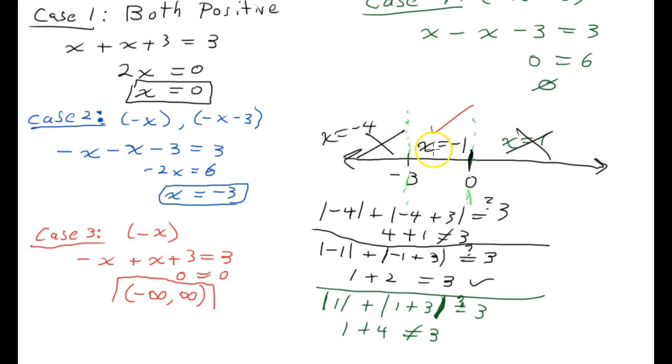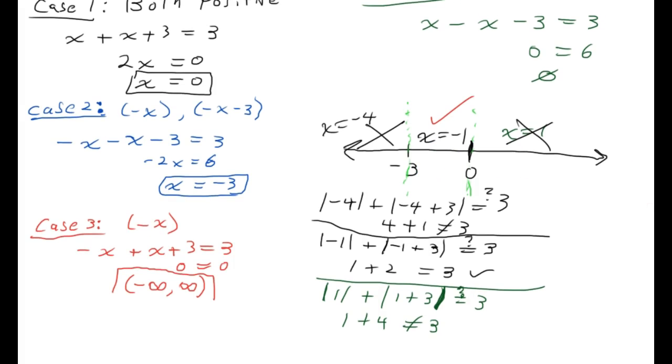So what we have is just this interval for our solution. I'll give myself just a little more space to write the solution. Our solution then is we're going to be including negative 3. It was equal to negative 3. Including negative 3 and 0. And that's our solution there.